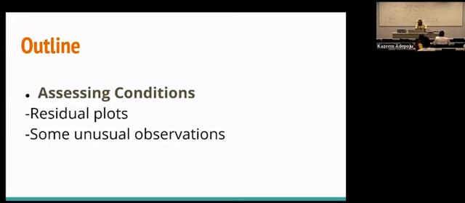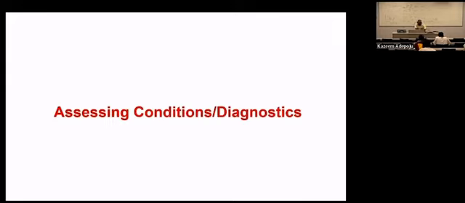Unusual observations in data may change the trajectory of a decision. It is part of the assumptions that need to be investigated: whether we have some outlying observations, observations that are not consistent with the rest, because they could be problematic as well. So welcome to assessing conditions, which is more or less like subjecting our model to diagnostic testing.